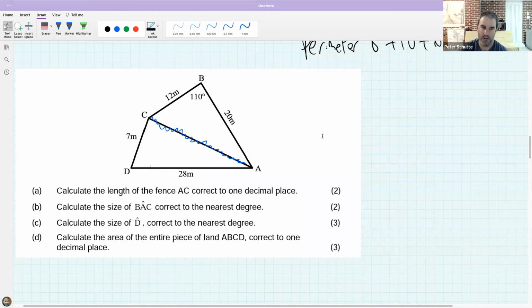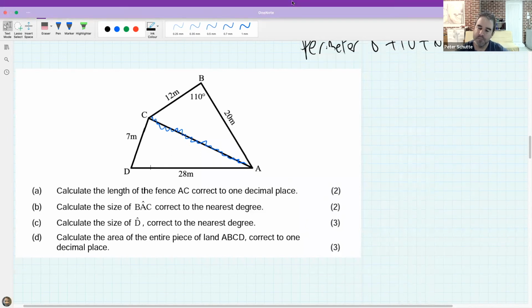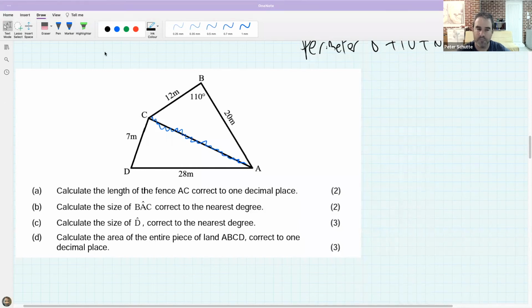Cos rule. Now I want you to get better at writing out the cos rule. If you're trying to find AC, how would you write out the cos rule? So I think the first step is AC squared.